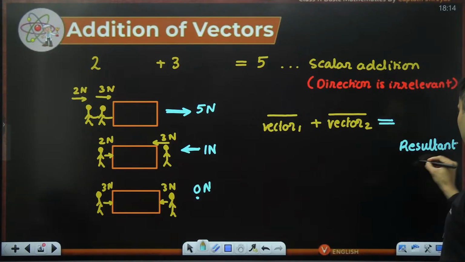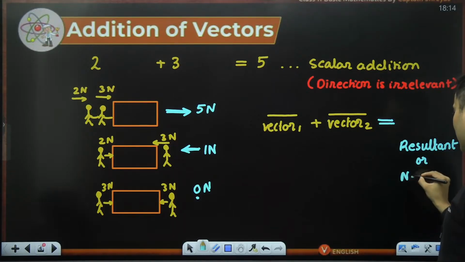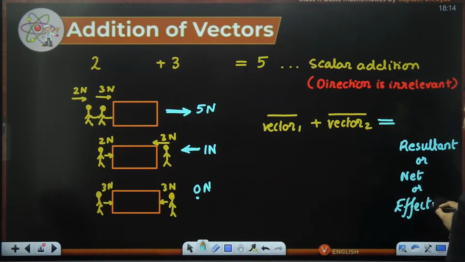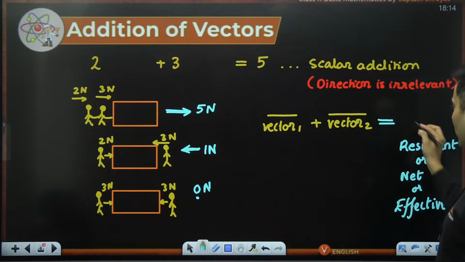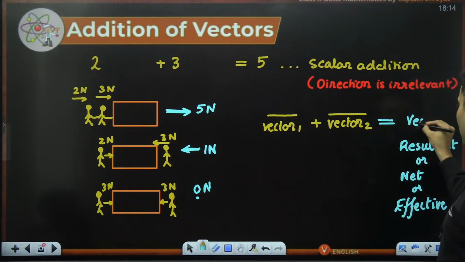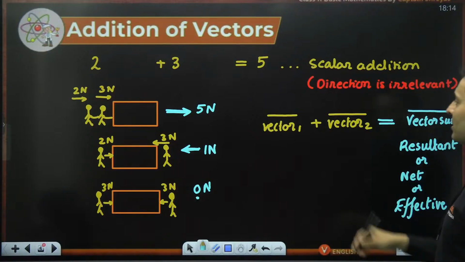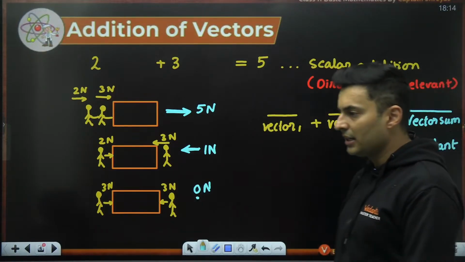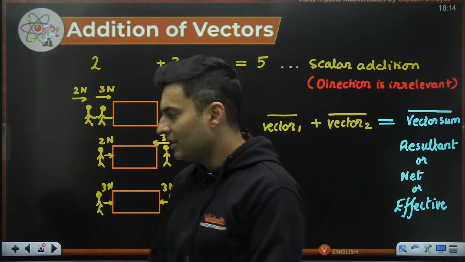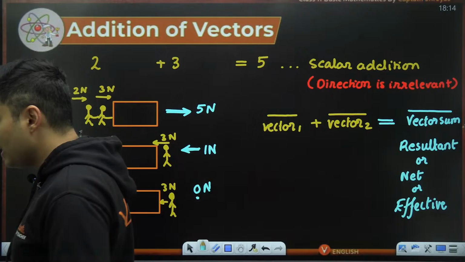This is called the resultant, or basically the net, or basically effective. Whatever word you want to use, you can use. Resultant, net, effective, okay, the final sum. So this particular vector sum is not just dependent on the magnitudes alone, but also depends on which directions they act. If the directions are different, obviously the answer will change.